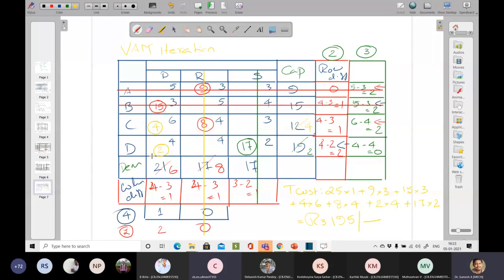Sir, two methods we got 195, no, sir? That means it is the lowest? No, we cannot say like that. If we further try to solve it, you may see the difference. This will form loops and will again change.